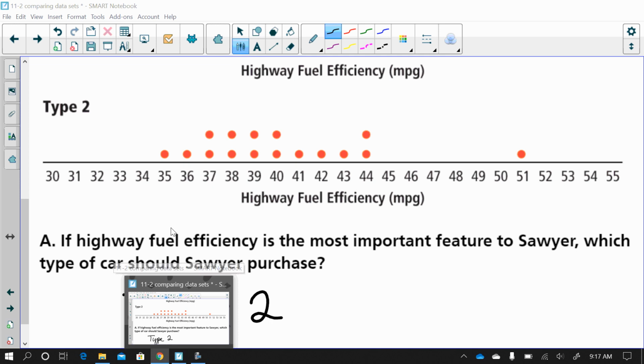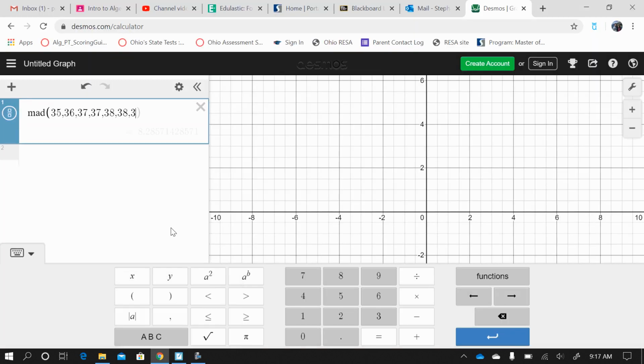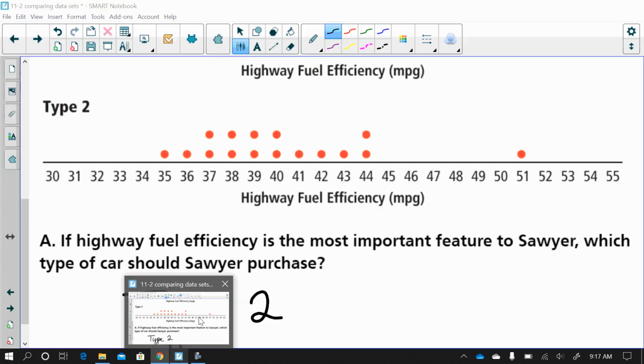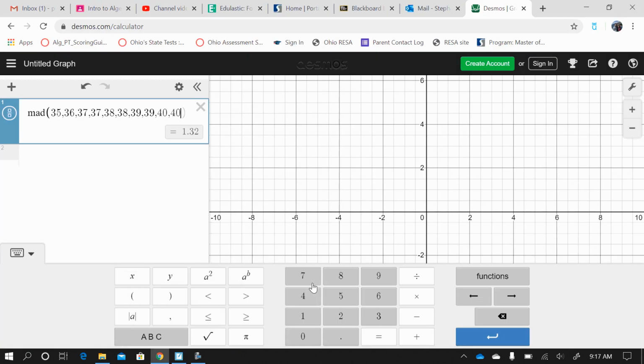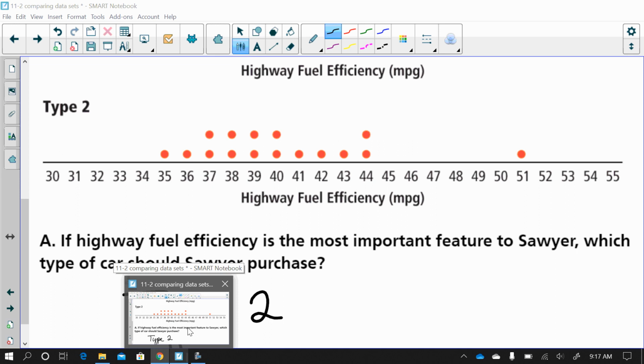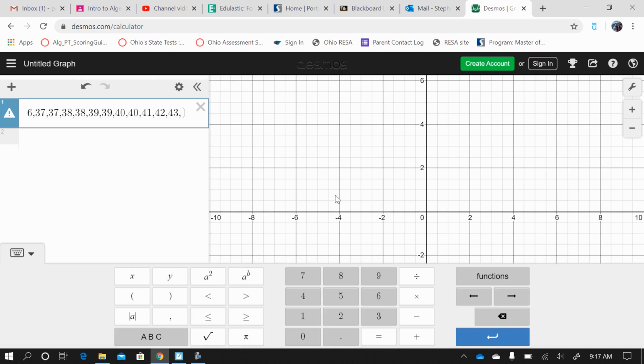Two 39s, two 40s. 41, 42, 43. Two 44s, and a 51.